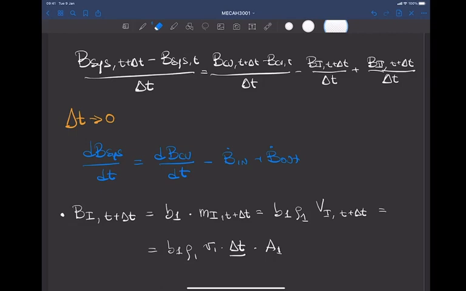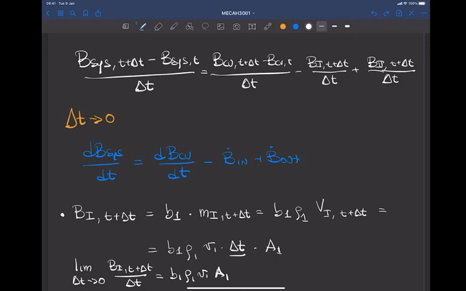So you see very clearly that if I take now the limit with delta t goes to 0 of B1 at t plus delta t divided by delta t, I simply get this expression, so b1 rho 1 v1 A1, where of course you clearly recognize that this is the product of b1 times the mass flow rate in section 1.